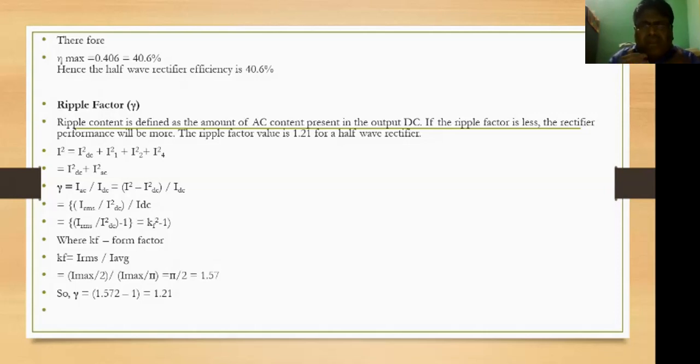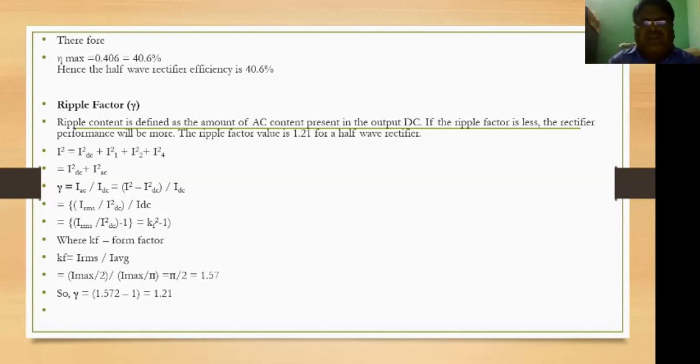Why remember this value? It is next to the full-wave rectifier. Whenever comparing the half-wave, full-wave and bridge rectifier, which one is best? When you compare these parameters, automatically you will come to a conclusion. Half-wave rectifier or full-wave rectifier or bridge, which one is best?